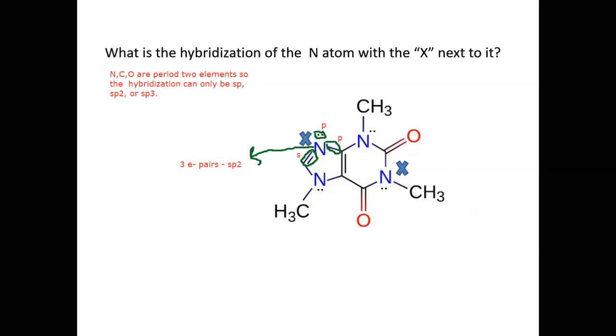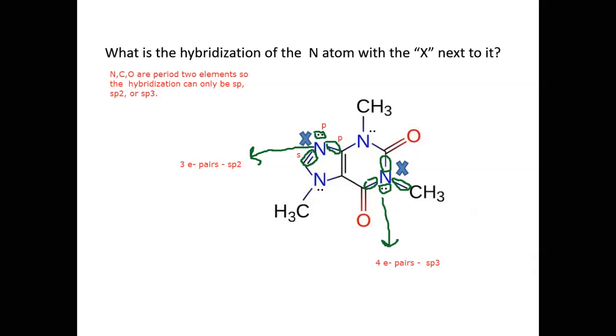Now if we look at the other nitrogen on the other side, here we have 1, 2, 3, 4. So we have 4 electron pairs. This means it's sp3 hybridized.